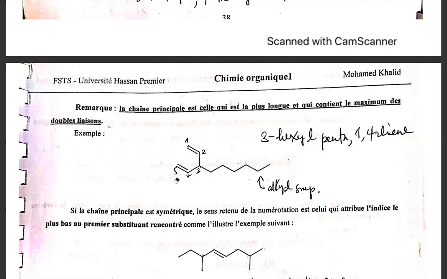Then we are going to look for the lowest index possible for the substituent. So starting from the bottom here, either we count 1, 2, 3, it's the same thing, or 1, 2, 3, it's the same thing. So position number 3 becomes the lowest index possible for this substituent. Now I said, when you are counting a substituent, you do not start counting at 1 here. No, you count from this one. Because when you start counting and say 1 on this one, you're counting this carbon atom twice.